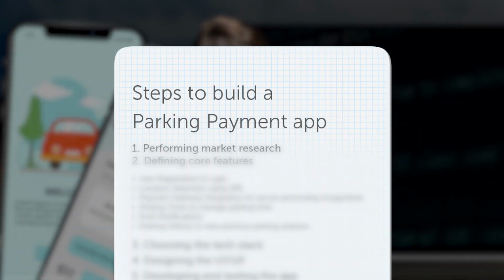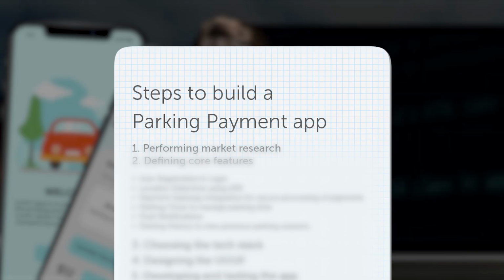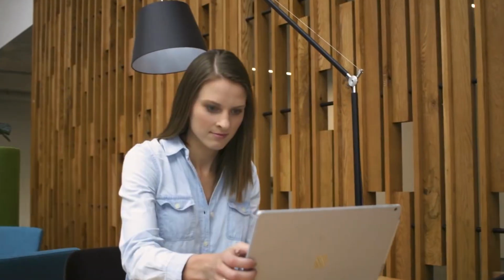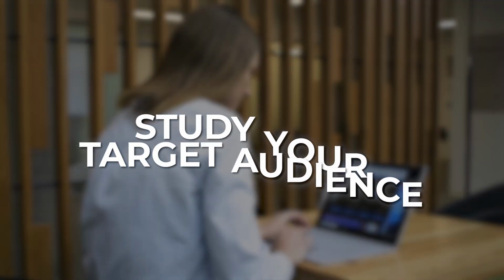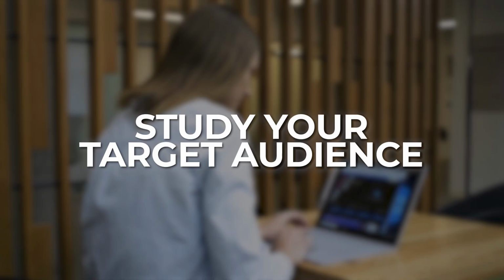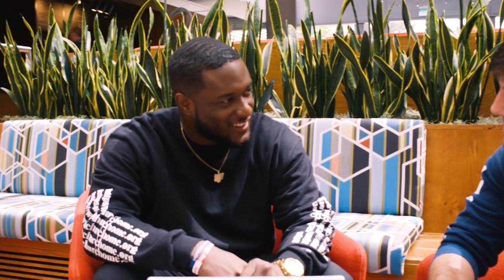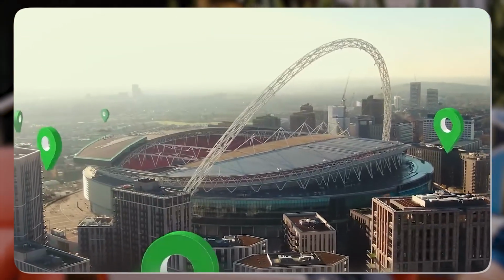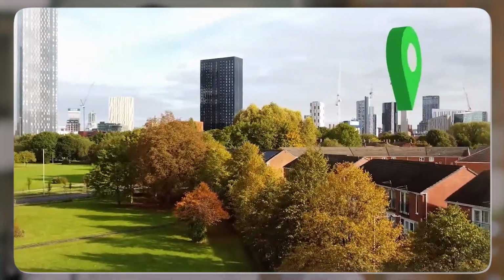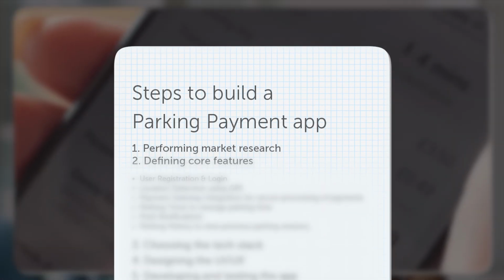Step number 1 is performing market research. First things first, you have to do thorough market research and study your target audience before you go ahead with building the parking payment app. Study your competitors to find gaps in the existing market and decide how you are going to bridge them using your parking payment app. Step number 2 is defining core features.